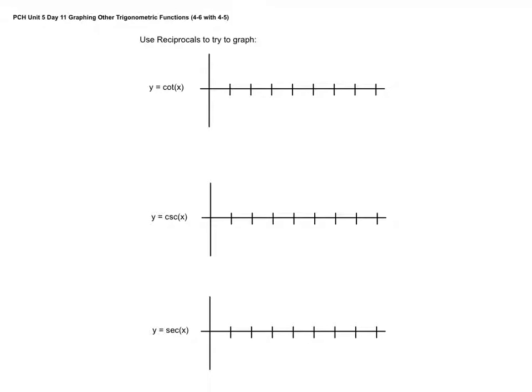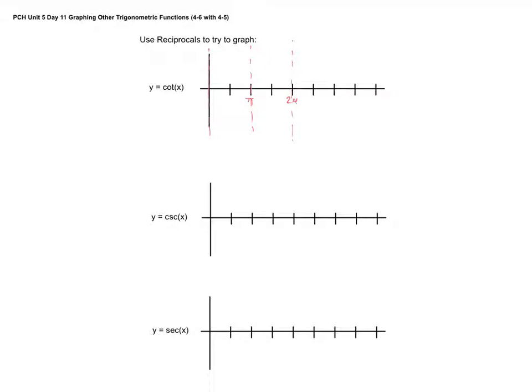Okay, the cotangent has an asymptote right on 0, and then on pi, and then at 2 pi, because that's where sine equals 0.